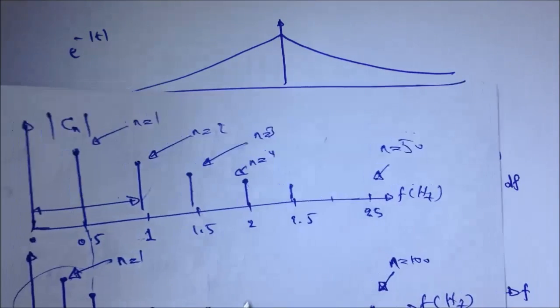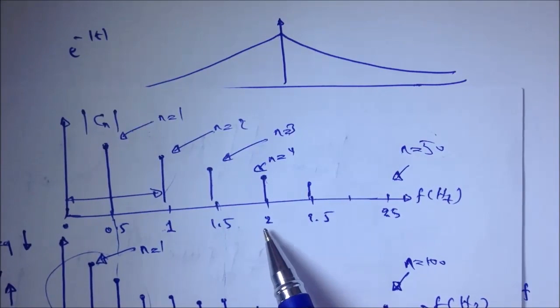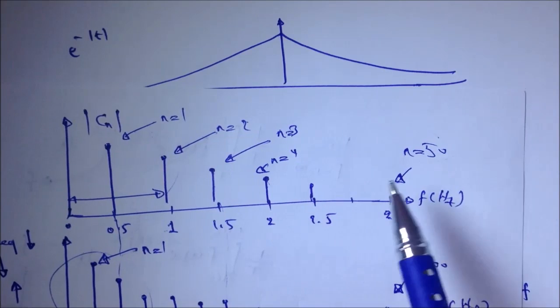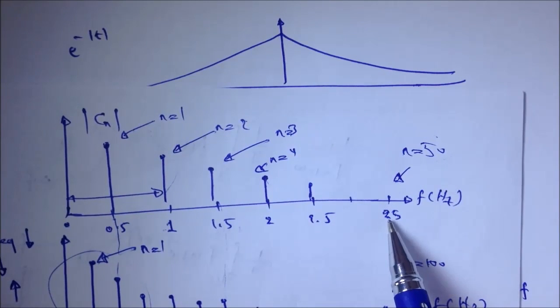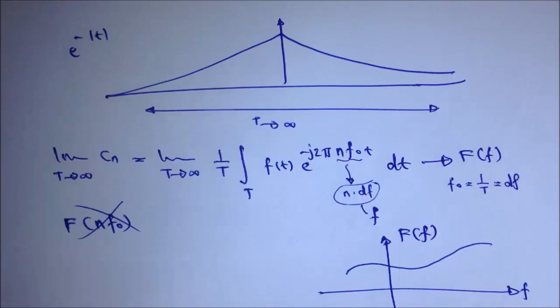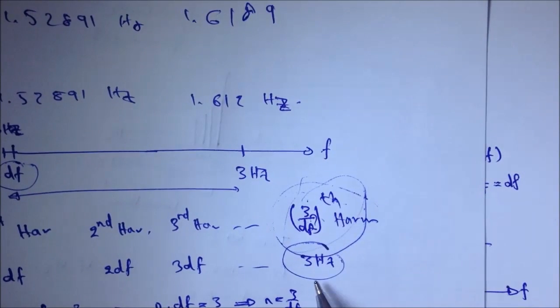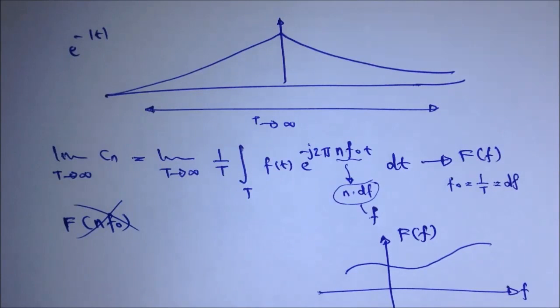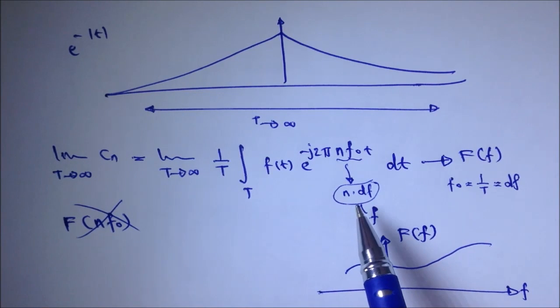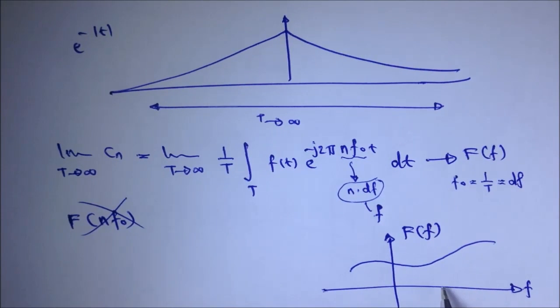For example, substituting n equal 4 to get the value of the 2 Hz component, or n equal 50 to get the value of the 25 Hz component, or even substituting n equal 3 over df to get the 3 Hz component magnitude. Actually, 3 over df is such a large number, let's say, for example, 3 trillion. So if you substitute n equal 3 trillion and multiply it by 1 in a trillion, you will get 3. So you just substitute f equal 3 in F of f.